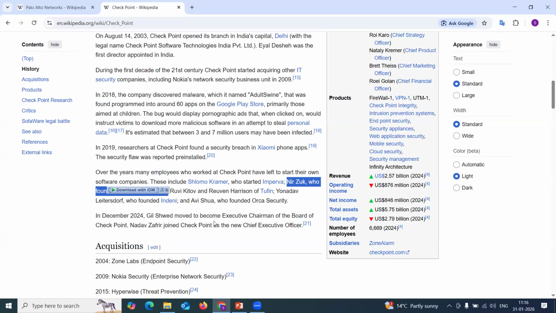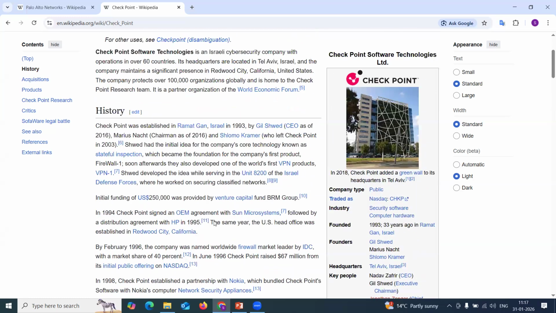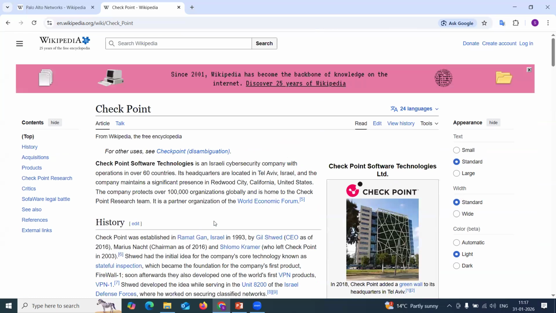It means Nirjuk was earlier working as an employee in the Checkpoint team. And later he created his own company in 2005. And the impact of this company was so high, right? It stood as the best firewall in the market.